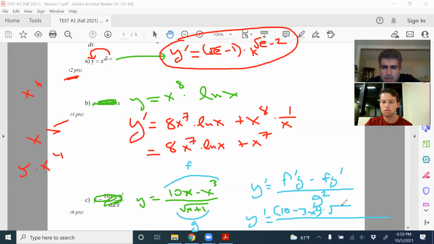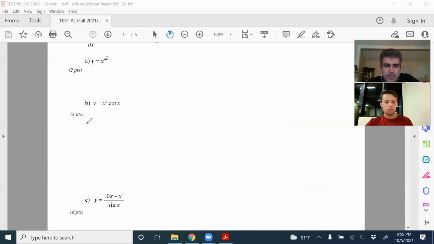Repeat that one more time. Because it's root x plus 1, when we have to take out the root when we're deriving. x to the 1/2 power. So let's back up a little bit. We need a little more space.